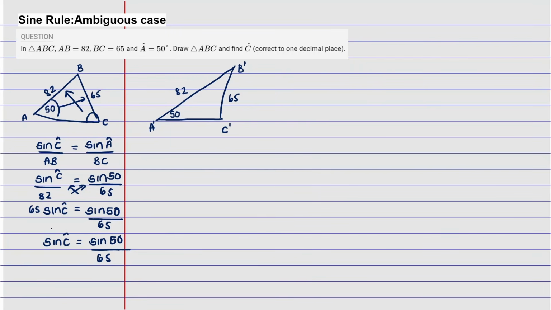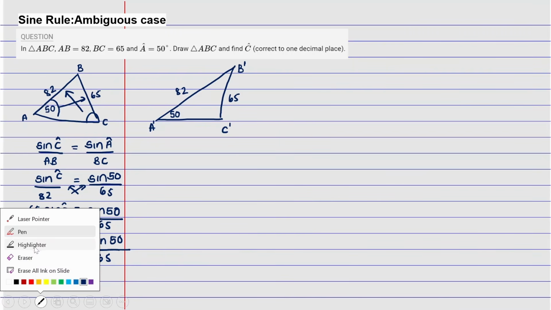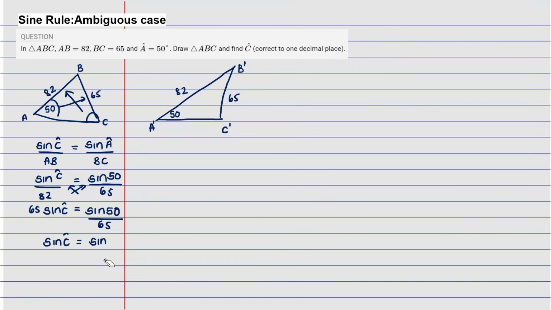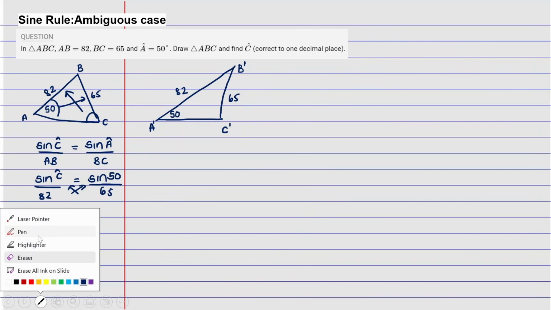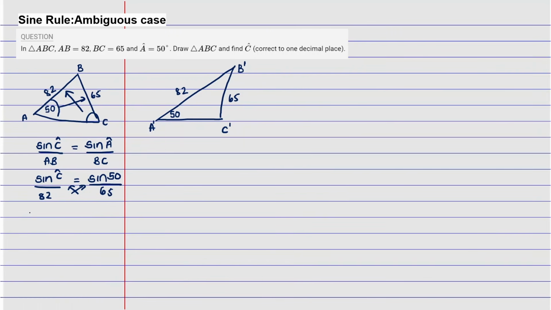I made a mistake. Wait, this is cross multiply. Let me just erase this part. I feel like there is something that I did wrong. So when we cross multiply, this is going to be 82 sine 50.